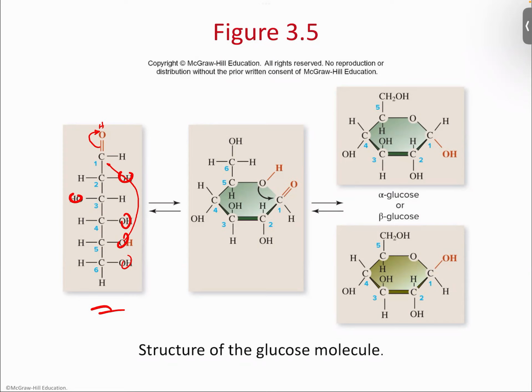You can see it's basically turning itself around. The oxygen is going and attacking that carbon, and when it does so, those electrons go back onto the oxygen, and it fills in and forms a bond with hydrogen. So what that means is you turn that into an OH group, from an oxygen double bond to an oxygen single bond.